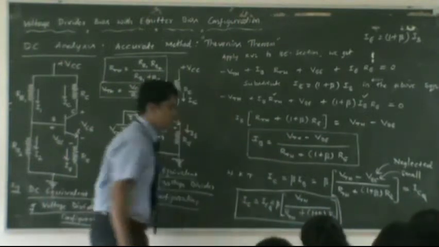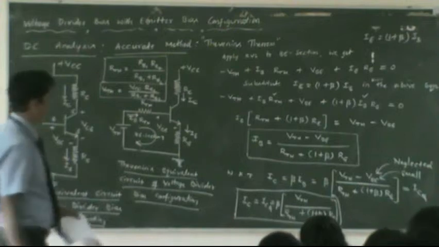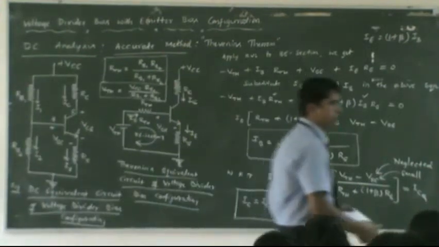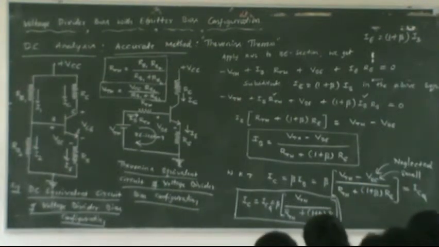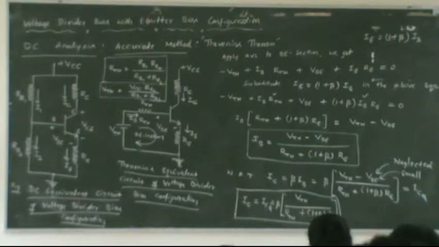Fine. Any questions? Now try to apply KVL to the other section, the collector emitter section, and find out the expression for VCEQ. It's almost the same as emitter bias.